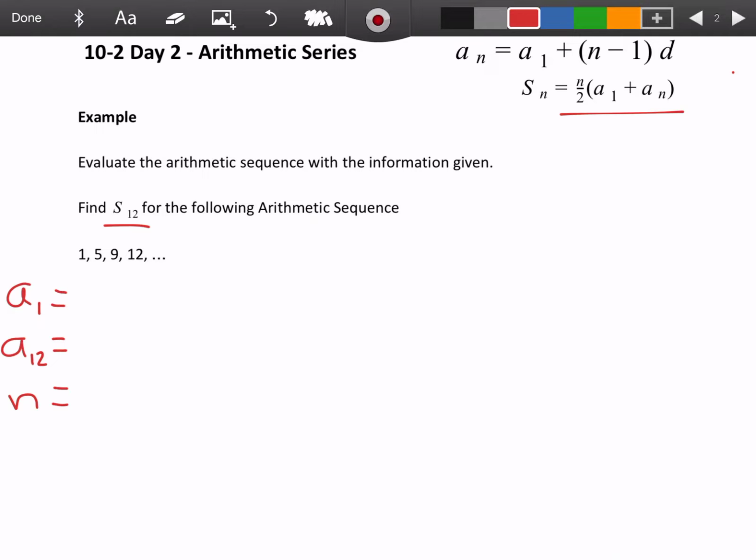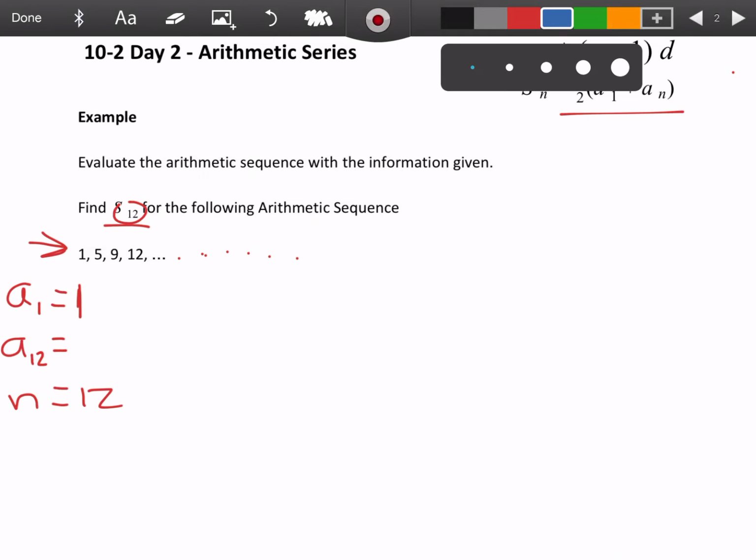We know that our first term is 1 from our list right there, and n is going to be 12. But we don't know what our 12th term is. Unless you want to count out, and in this case you probably could. You're just adding 4 each time to get out to the 12th term. But if this was the 100th term or the 1000th term, you wouldn't want to just count out to find out what that is. So that's what we're going to have to do first.